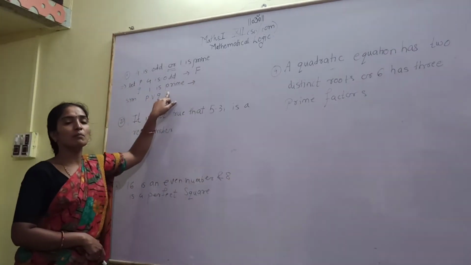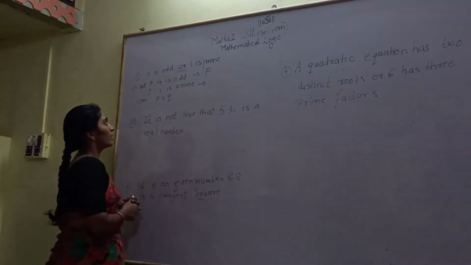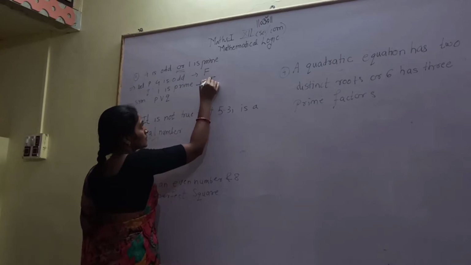We know that prime numbers start from 2, therefore 1 is not a prime number, therefore again its truth value is false.